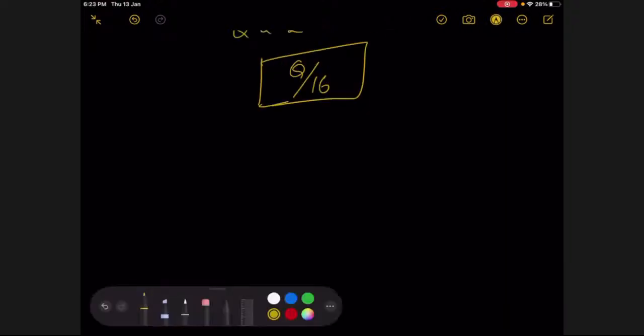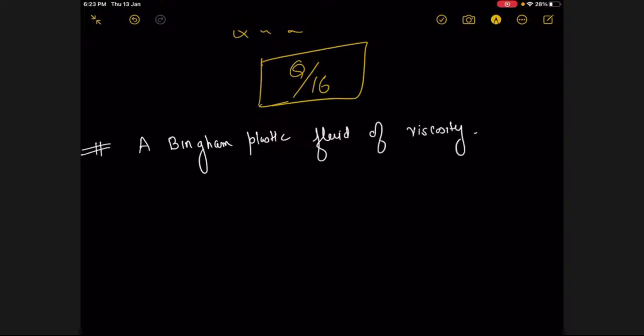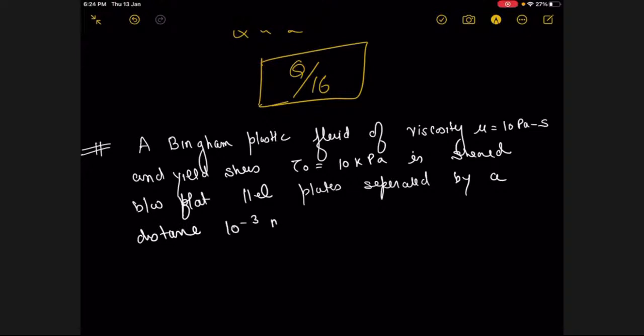Okay, so I will give you one good question. Please solve this. A Bingham plastic fluid of viscosity mu 10 Pascal second and a yield stress tau naught 10 kilopascal is sheared between flat, parallel plates separated by a distance 10 to the power minus 3 meter.